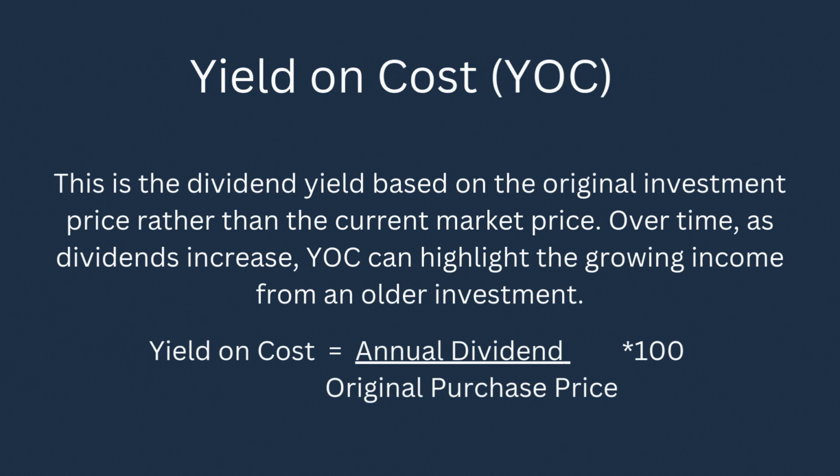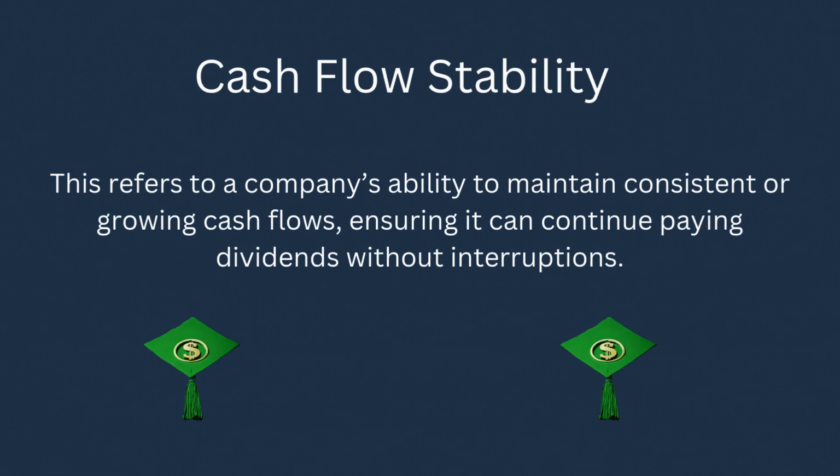Yield on cost is the dividend yield based on the original investment price rather than the current market price. Over time, as dividends increase, yield on cost can highlight the growing income from an older investment. Cash flow stability refers to a company's ability to maintain consistent or growing cash flows, ensuring it can continue paying dividends without interruptions.